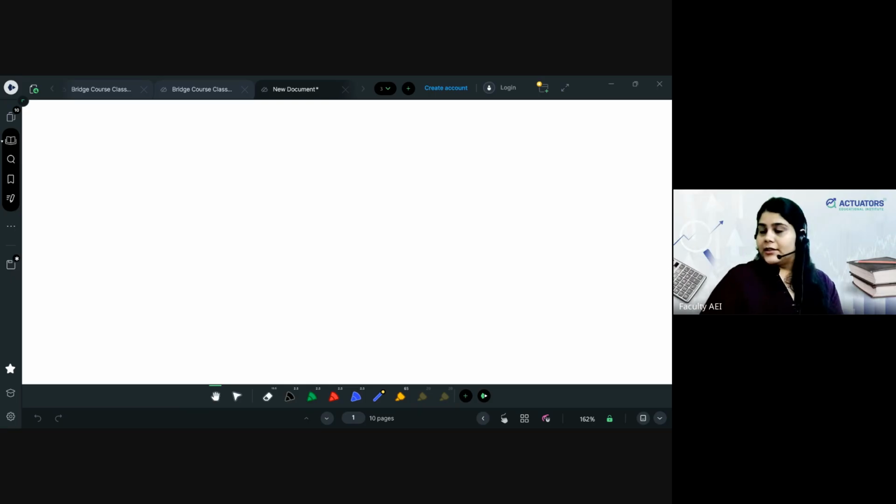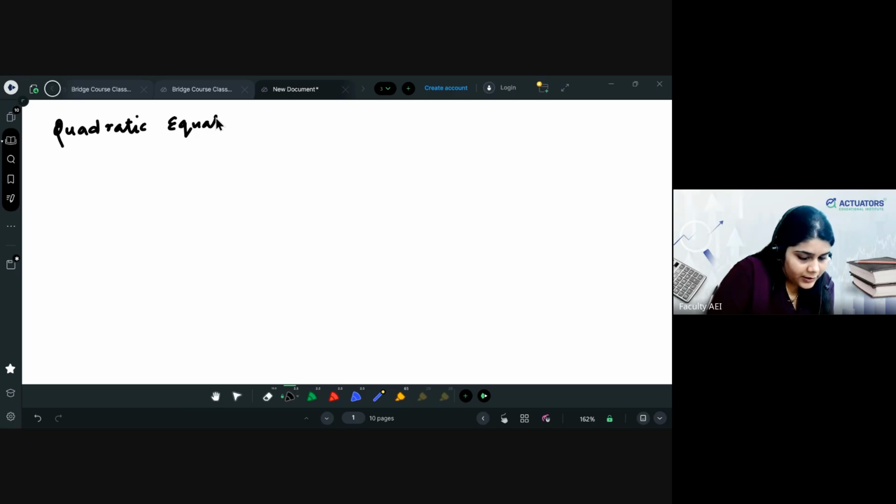Perfect. ठीक है. So today, like I said, we are going to move on with algebra. We'll be doing again a quick breeze through quadratic equations and simultaneous equations.